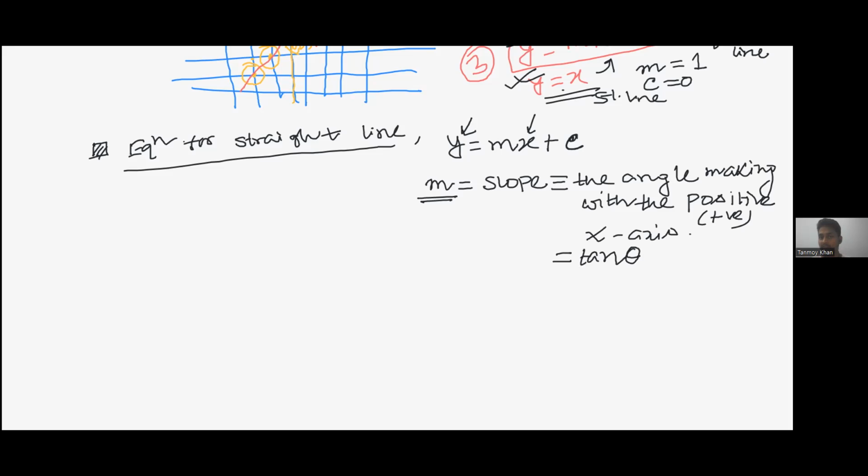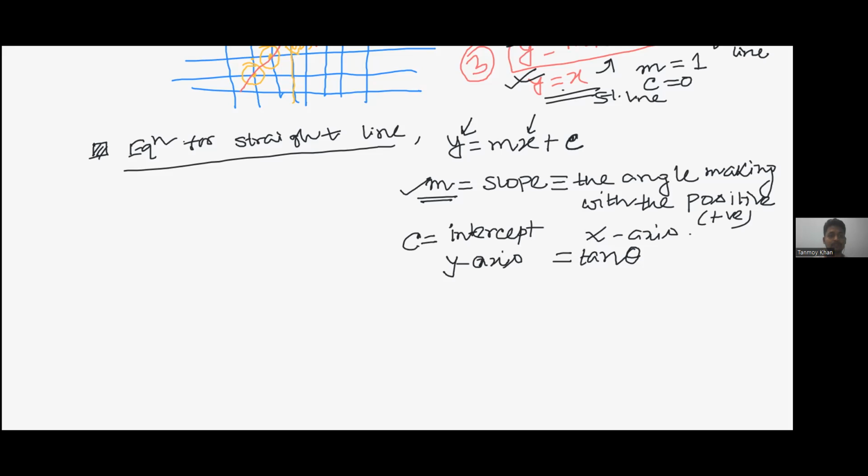If theta is the angle, m equals tan theta. That is the slope. And what is c? c is nothing but the intercept, meaning where it cuts the y-axis. Where it cuts the y-axis, that is the intercept. And the angle it makes with the positive x-axis, that is the slope.